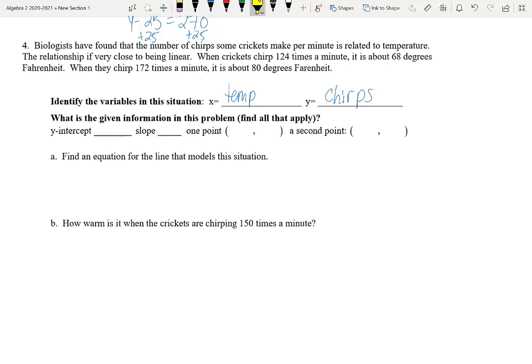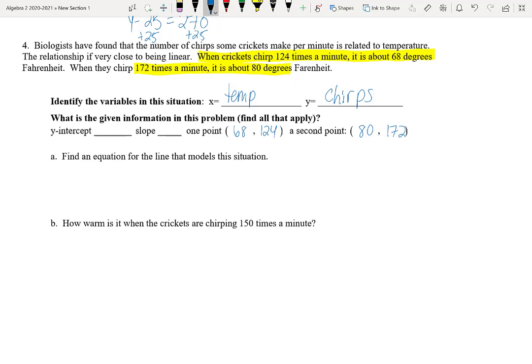The two pieces of data that I'm given: we're told 124 chirps per minute at 68 degrees, and then 172 chirps per minute at 80 degrees. Both of those are points, so I've got 68, 124 and 80, 172.